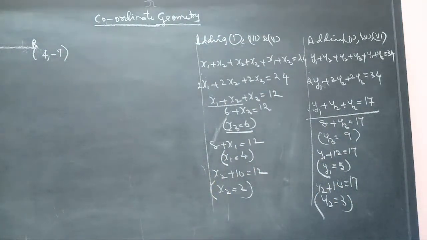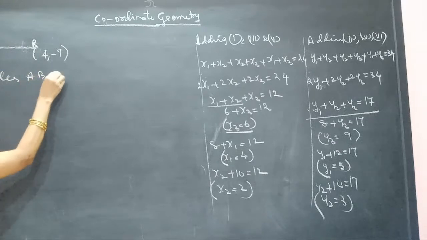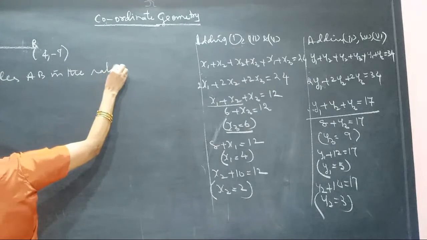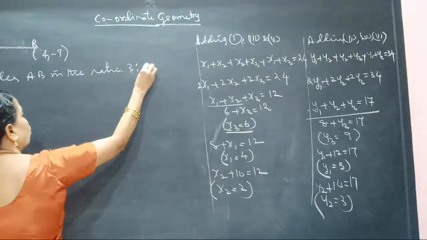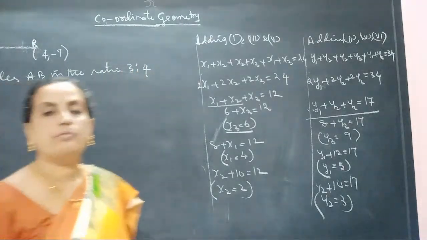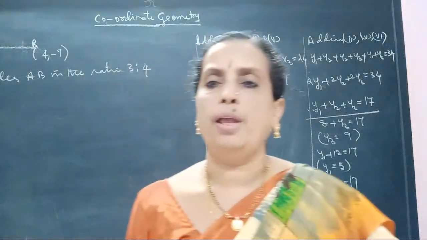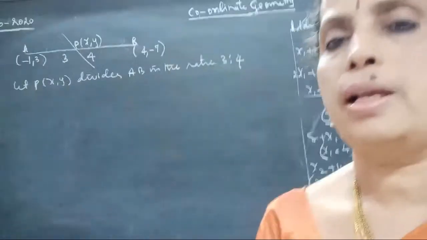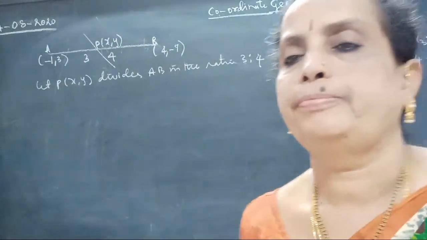Let P (x, y) divide AB in the ratio 3:4. Now we have to find the values of x and y using the section formula.